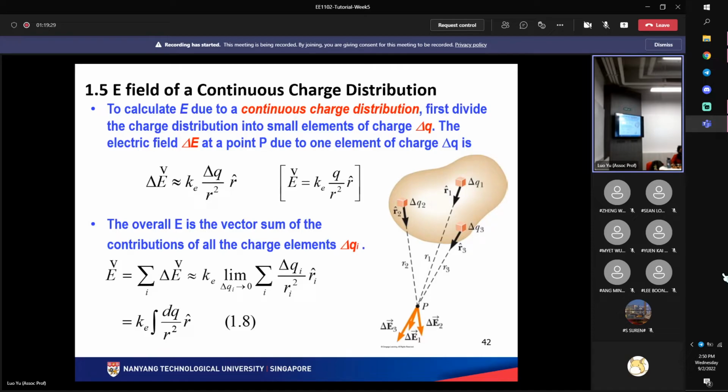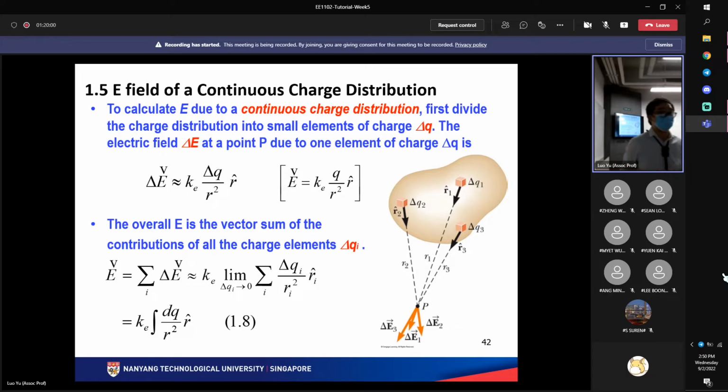Although the chance for this kind of question to be tested in the final examination is extremely low, for the quiz you may get a question like this one. So you are still required to understand that. First, let me tell you how we should do continuous charge. We have the charge continuously distributed across a certain object, so it's no longer multiple point charges.